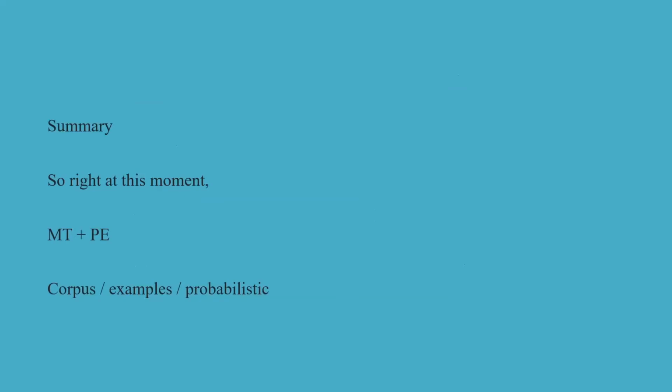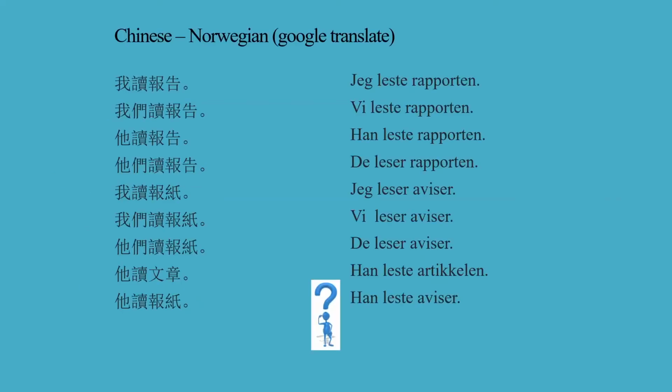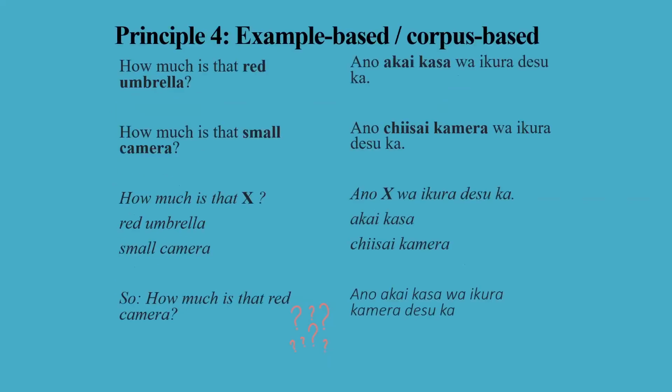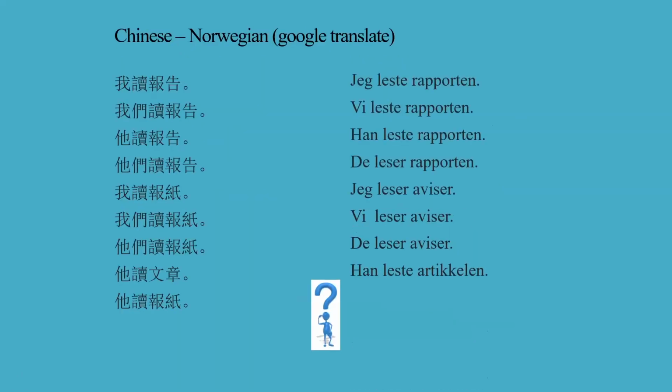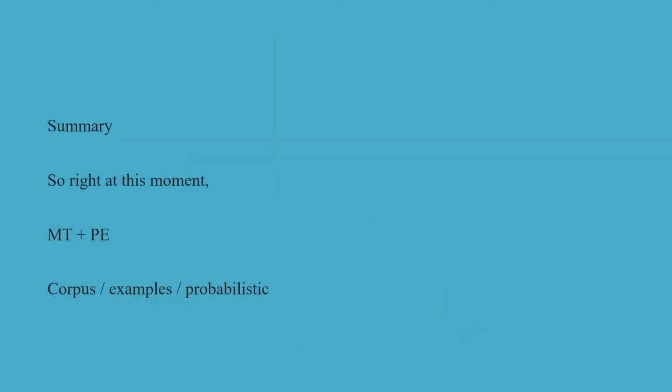So, in summary, right at this moment in the language service industry, we have MT, machine translation, plus human post-editing. The translation I did just now from English into Japanese, we can ask a human proofreader to post-edit in order to make the translation accurate.